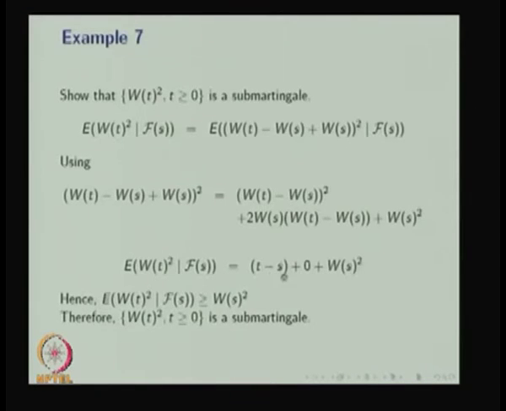So hence t minus s plus W_s whole squared. So this is obviously greater than or equal to W_s whole squared. Therefore, W_t whole squared is a submartingale because it satisfies the third condition with the greater than or equal to sign in the conditional expectation. Therefore, the stochastic process W_t whole squared is a submartingale.